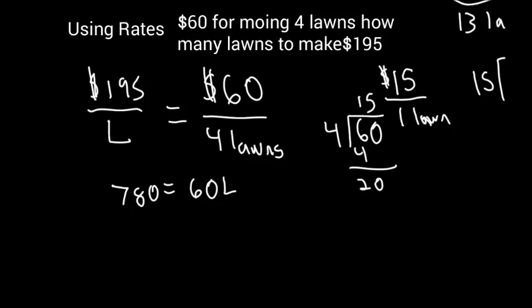So we just cross multiplied, and then we're going to divide by 60. And 780 divided by 60 is 13. So you can use a unit rate or a proportion to solve those kinds of problems.